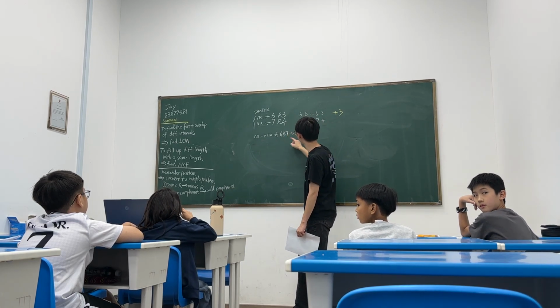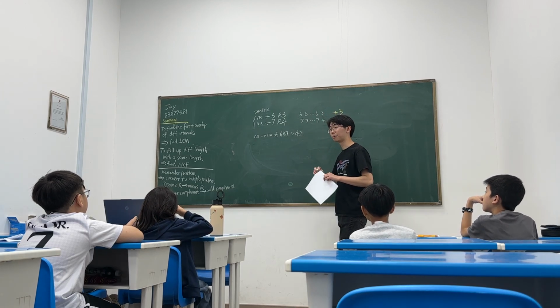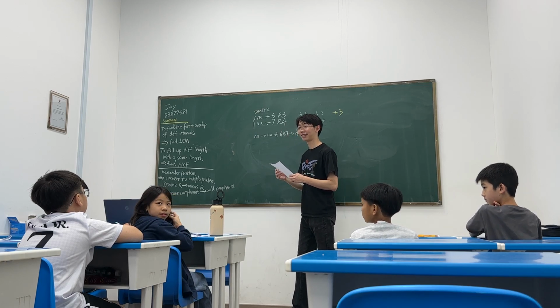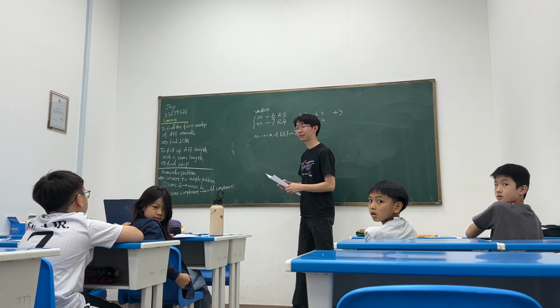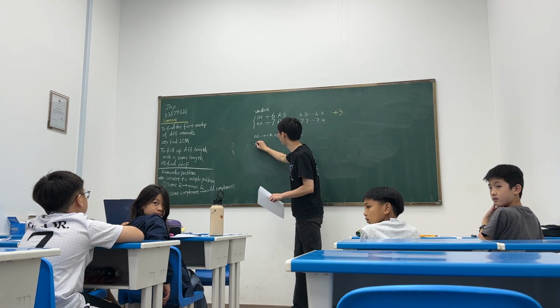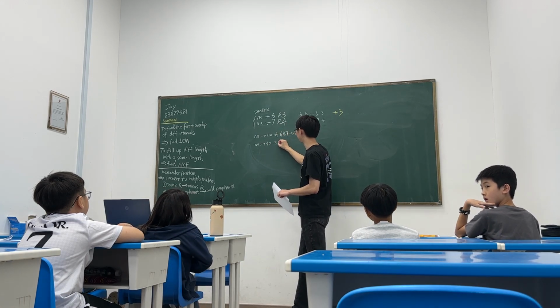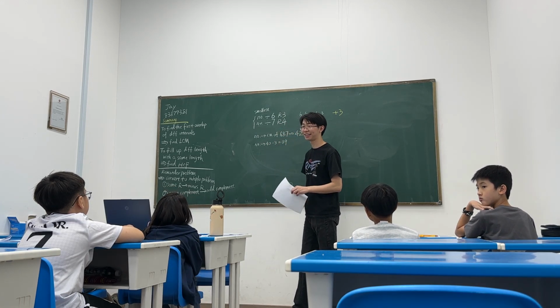What number plus 3 gives us 42? 39, perfect. So this number equals 42 minus 3, which gives us 39.